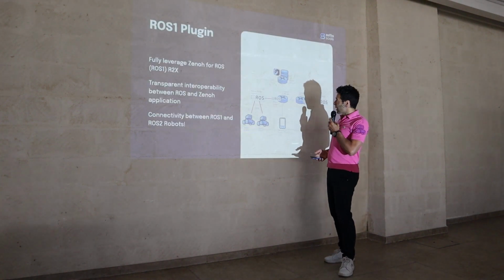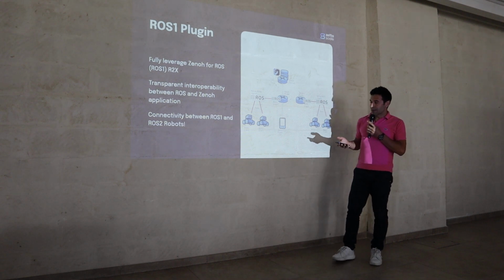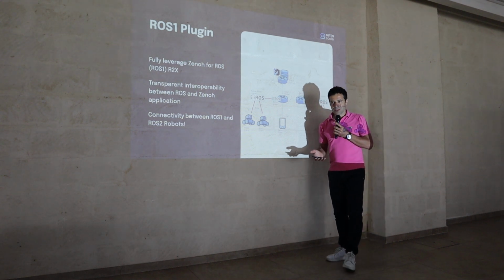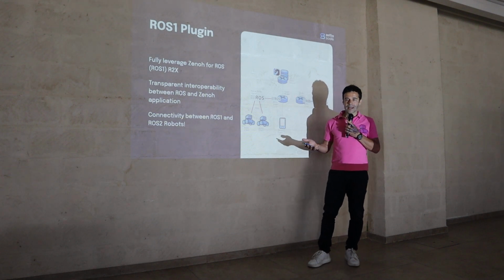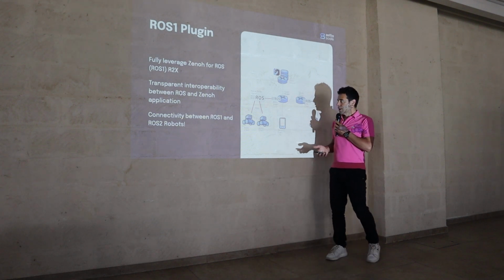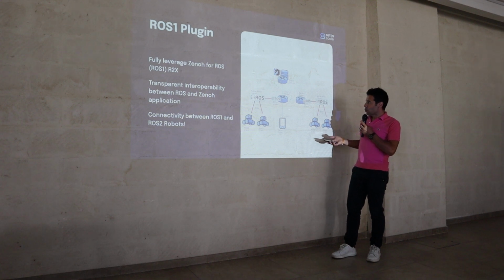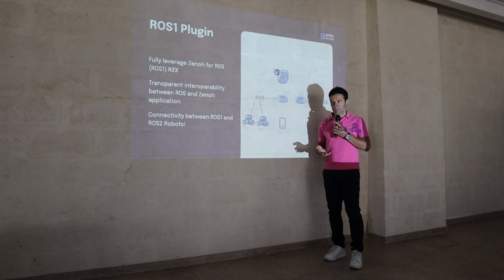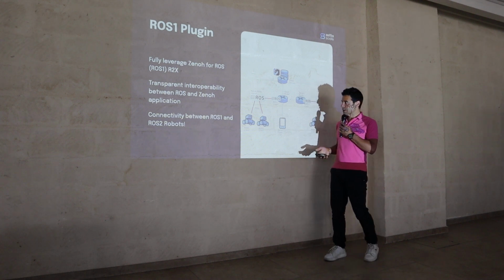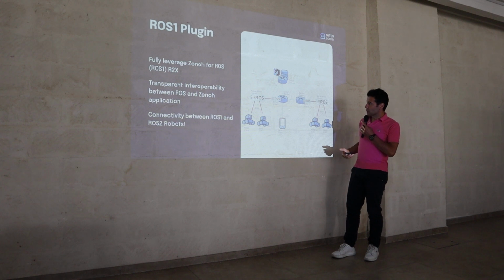ROS1 plugin. Okay, ROS1 plugin. So this was something highly requested during the ROS conference in Kyoto. You know, we have done it for you. And I'll tell you what is in place. What are the limitations? Because there are certain things that we need to solve, and we are discussing this within the ROS community. And what's the plan for next?